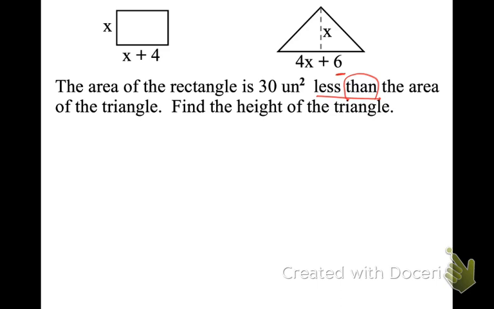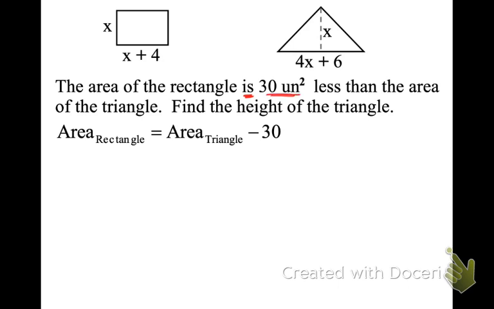Okay, so let's take this and put it into an equation. First thing we're going to do is area of a rectangle. Take that area of a rectangle, and it's saying, there's my equal sign, 30 less than.